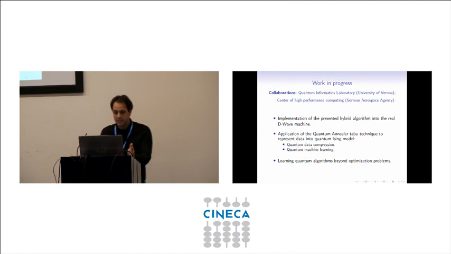The same technique used to implement a taboo search can be adapted to an efficient representation of large amounts of classical data into quantum hardware if your hardware is an Ising model. And that representation is crucial for data compression, of course, and machine learning. So we plan to apply this viewpoint to quantum data compression and quantum machine learning.